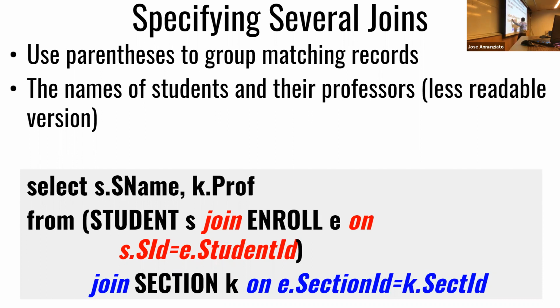And then once you have the subset of students that are enrolled, we can join those records with the section, where the enrollment's section ID is the foreign key to the primary key of the section ID.